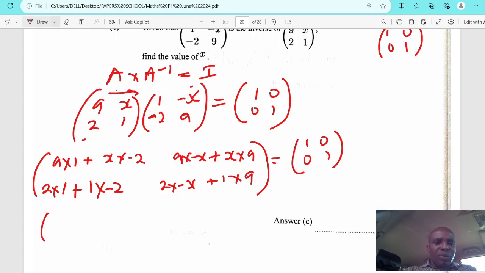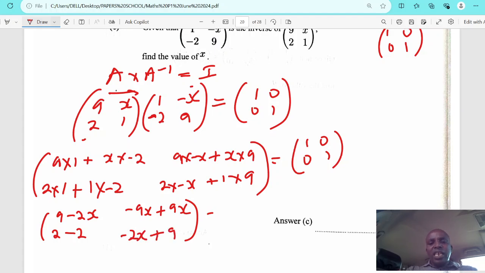Then you simplify this part. 9 times 1 is 9 minus 2x. Then 9 times minus x is minus 9x plus 9x. Then 2 times 1 is 2 minus 2. Then here, 2 times minus x is minus 2x plus 9.